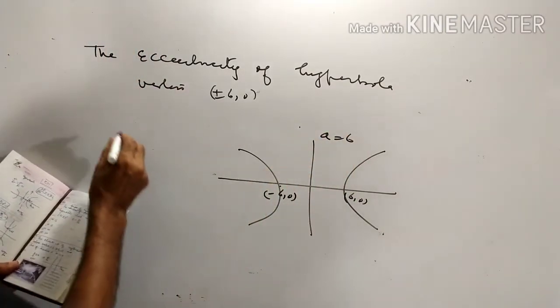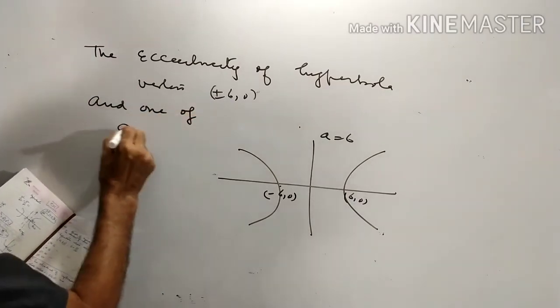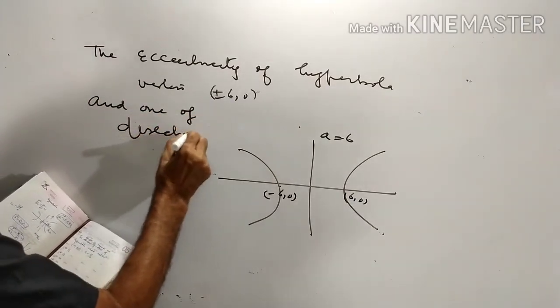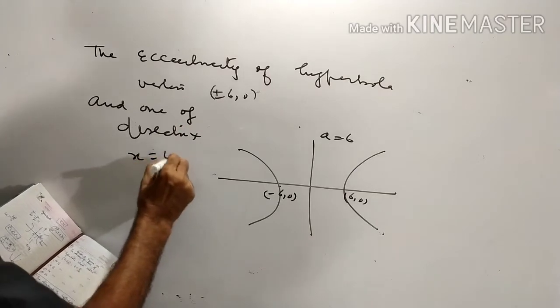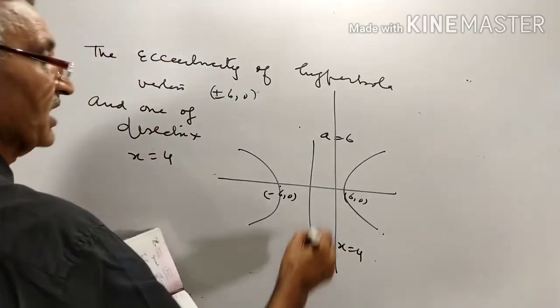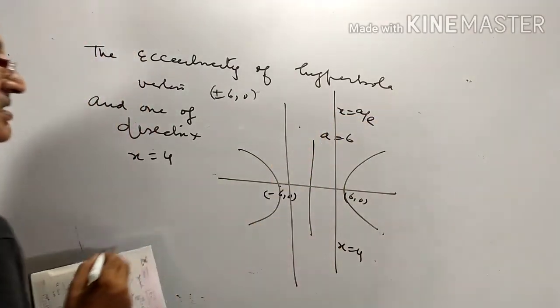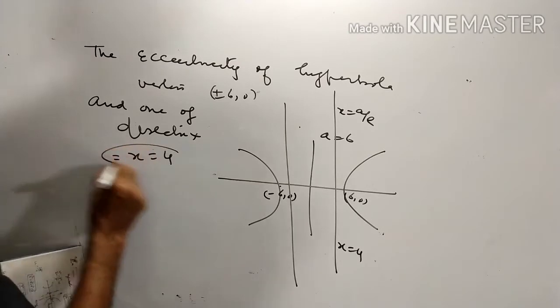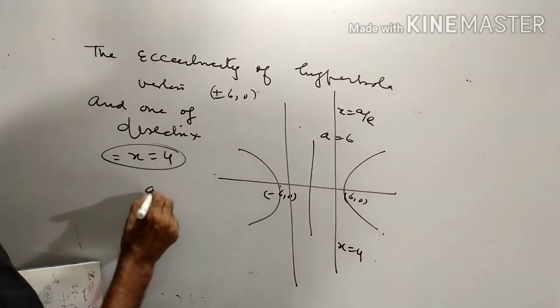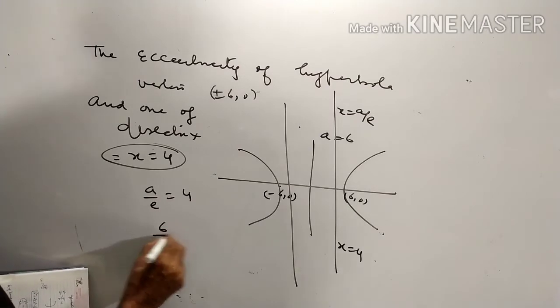And he says one of the directrices is x is equal to 4. If it is x is equal to 4, this side positive, x is equal to a upon e, and this side x is equal to minus a upon e. So here this directrix, therefore a upon e is equal to 4 and a is equal to 6.